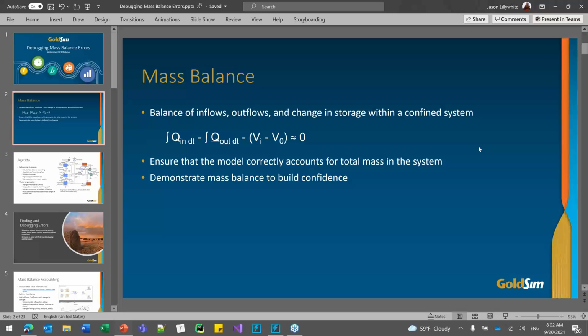Accounting for those things using the equation below, we integrate over time the inflows and outflows, and then subtract from that the change of storage, which is always going to be the initial volume at the beginning of the simulation minus the current volume. That equation should approximate zero, should be close to zero. And so that would be mass balance if you are able to get that value close to zero.